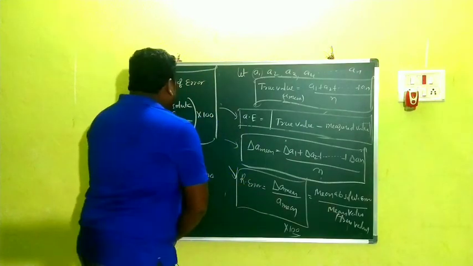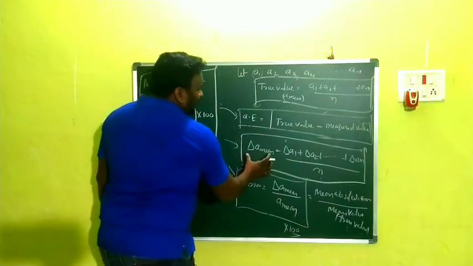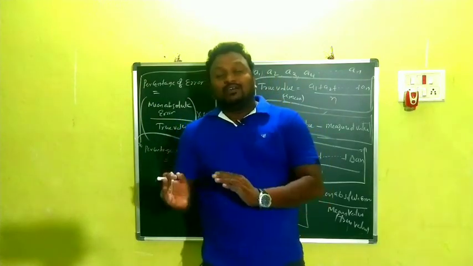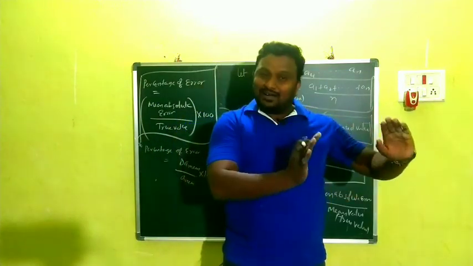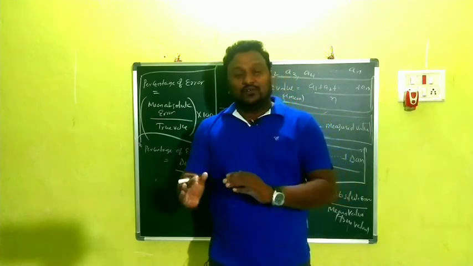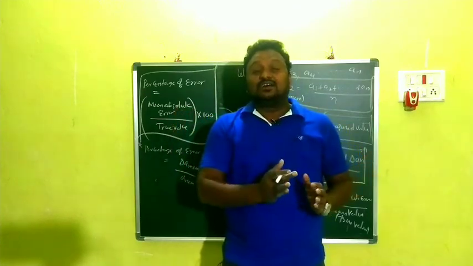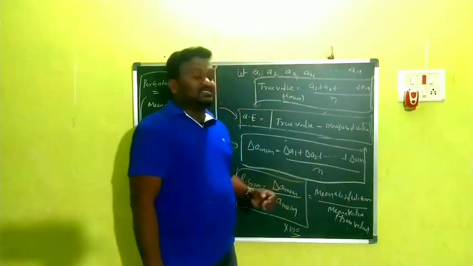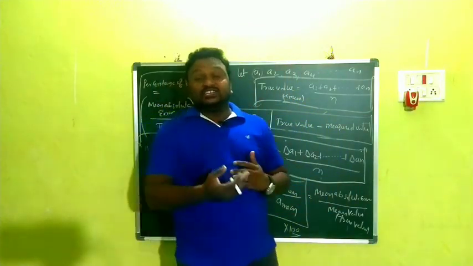Clear, children? Next is mean absolute error, the average of all absolute errors. It can be shown by the equation like this. Clear?